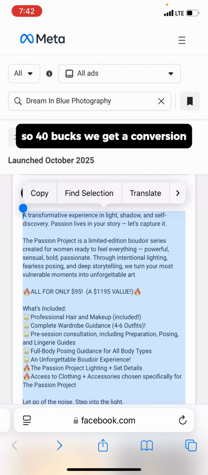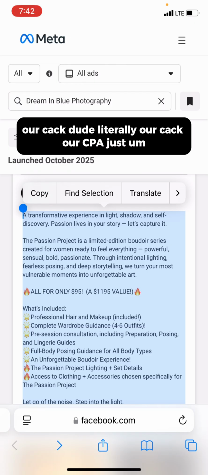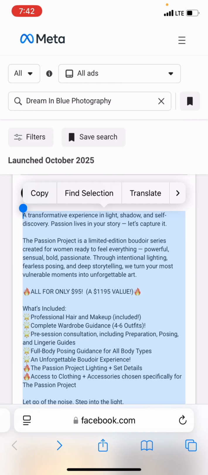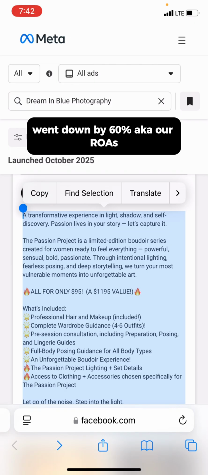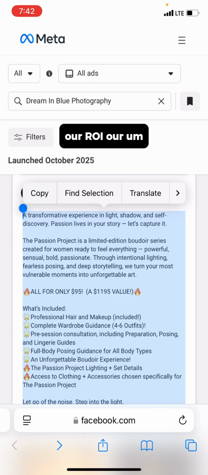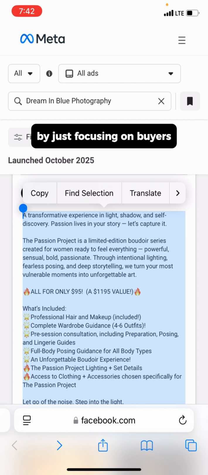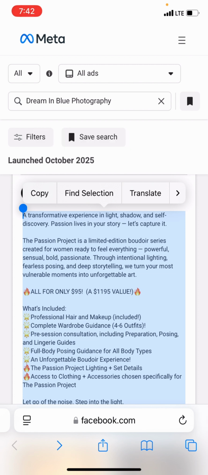So for $40, we get a buyer. Our CAC, our CPA, just went down by 60%, aka our ROAS, the efficiency of our ad spend, our ROI, our profit on our ad spend. We just 2.5x the profit of our ad spend by just focusing on buyers.